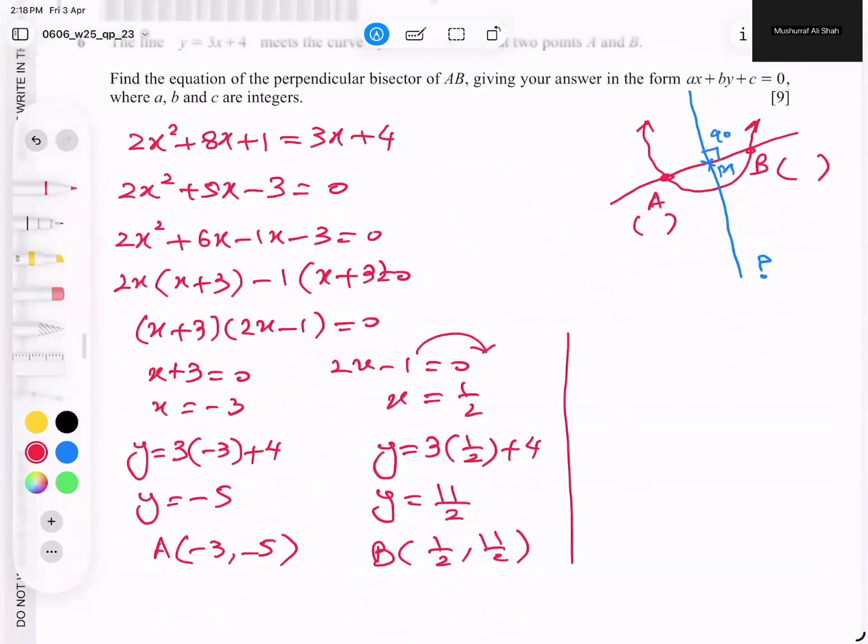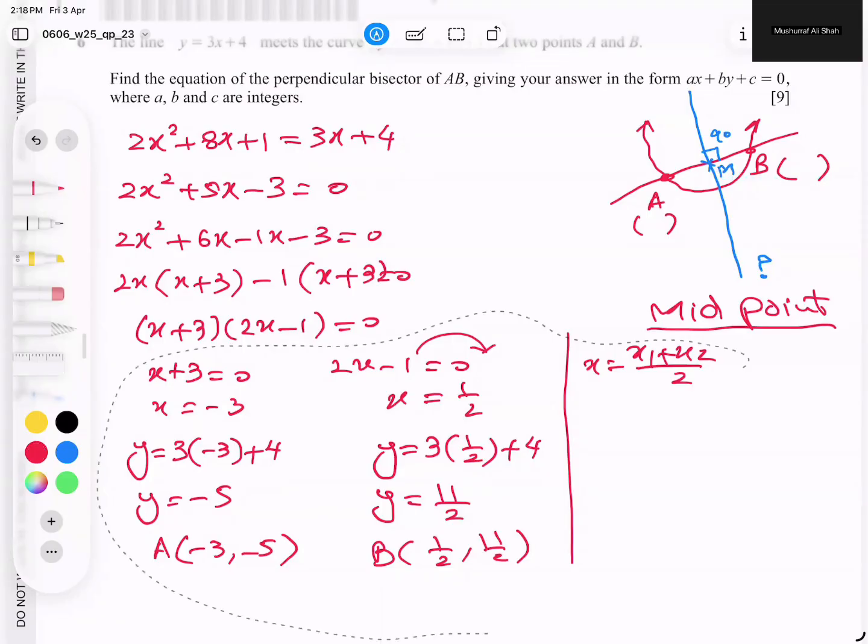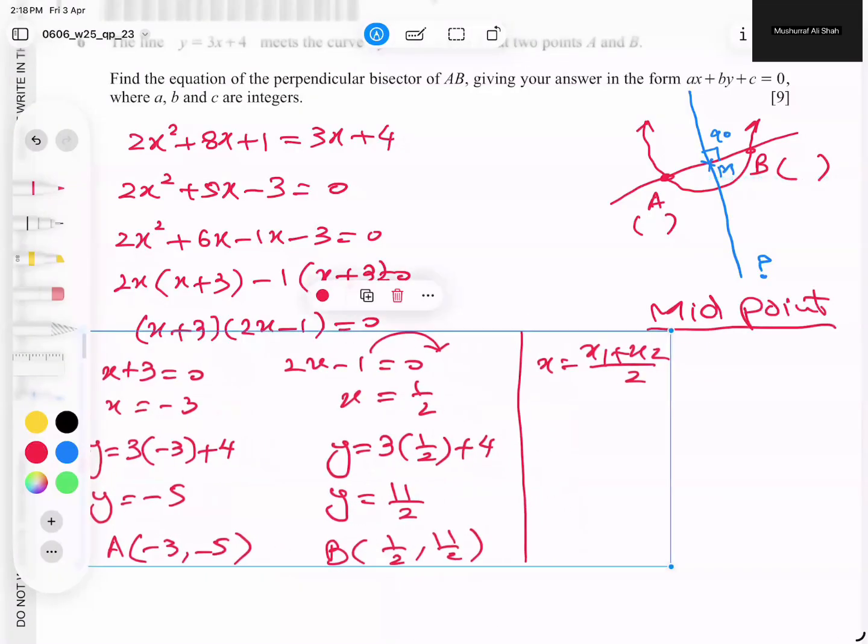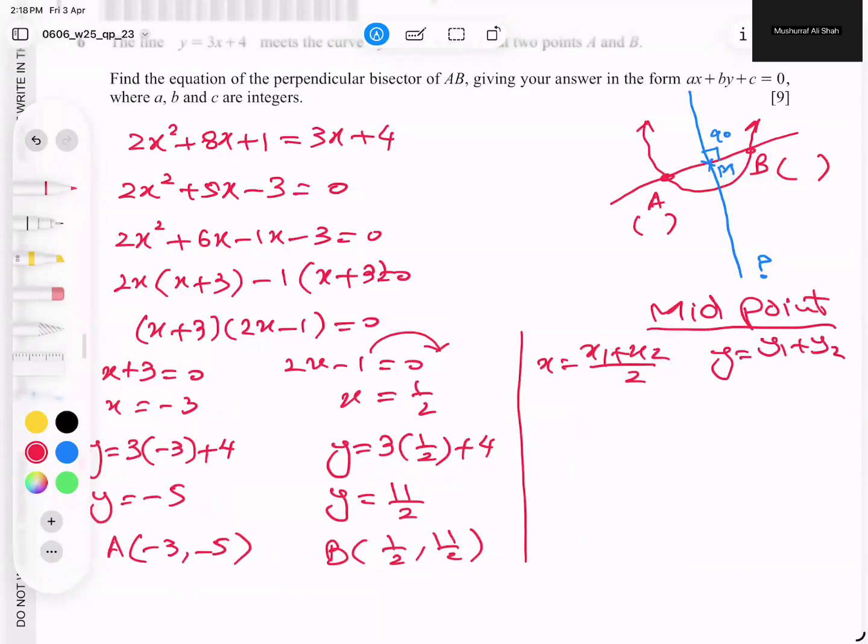So the midpoint formula is very clear. x equals x1 plus x2 divided by 2, and y equals y1 plus y2 divided by 2.